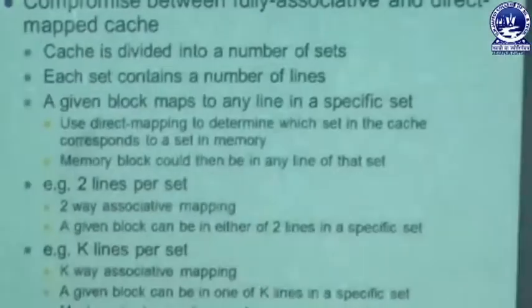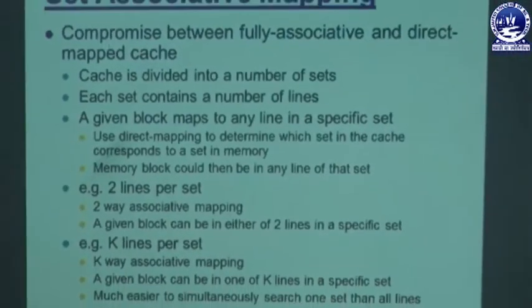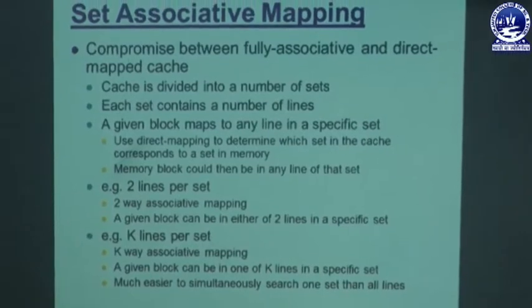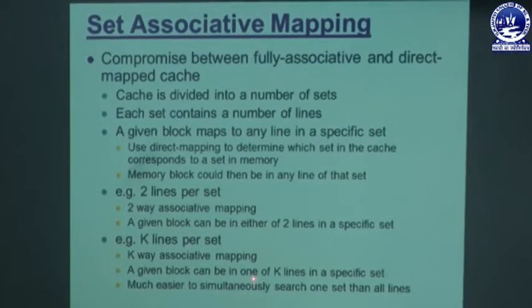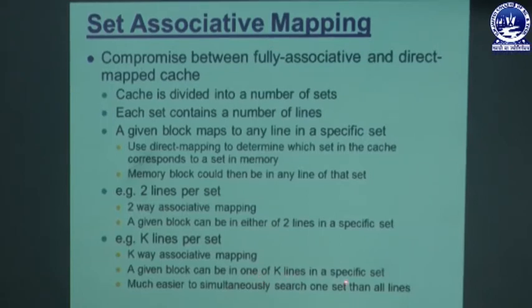Next, if there are k lines per set, it is called k-way set associative mapping. That means a given block can be in any one of the k lines in a specific set. Then it is much easier to search one set simultaneously than all lines.